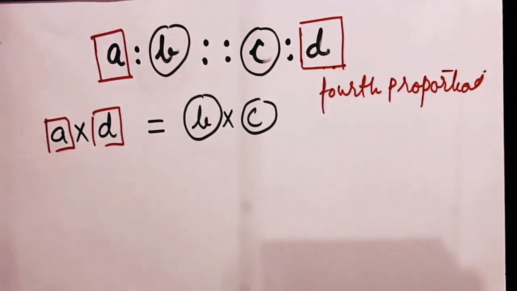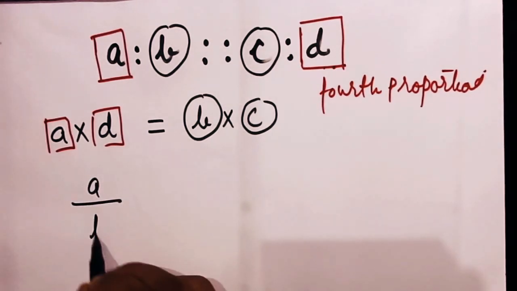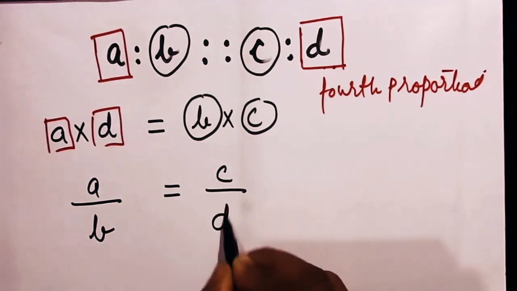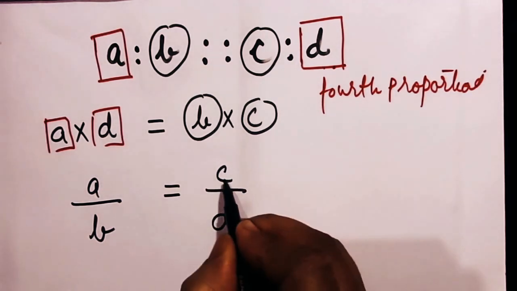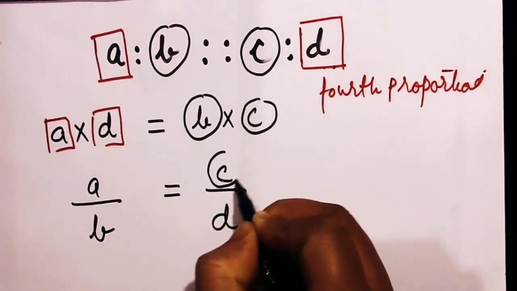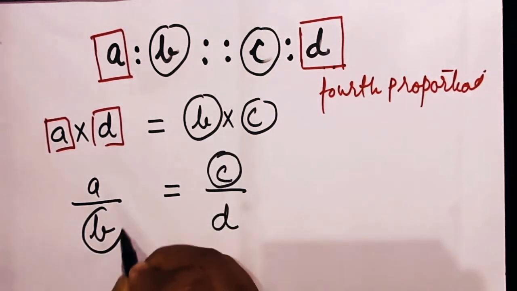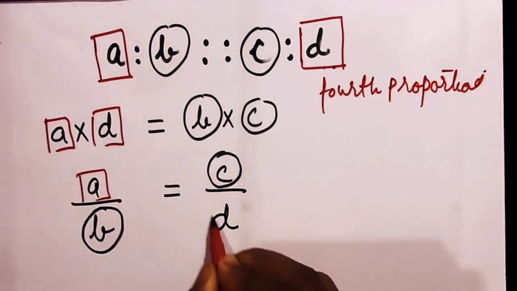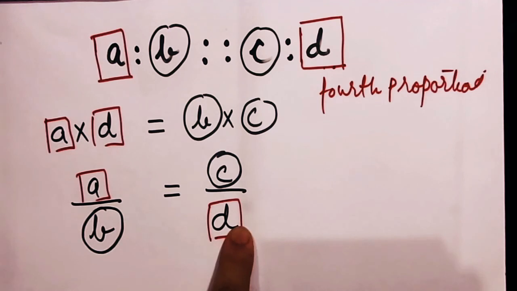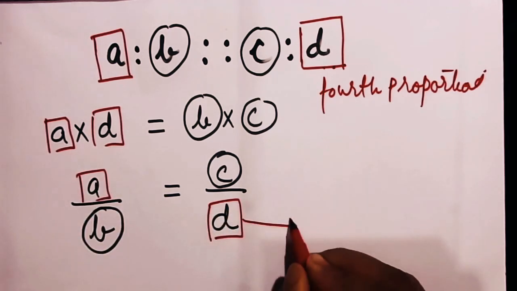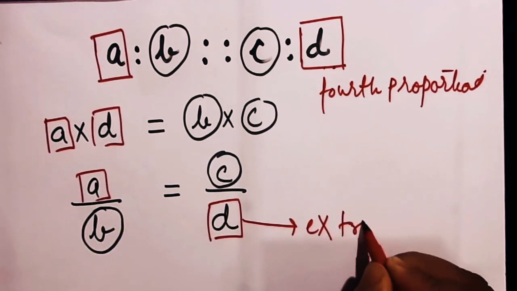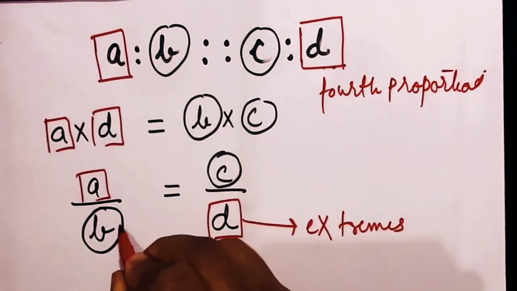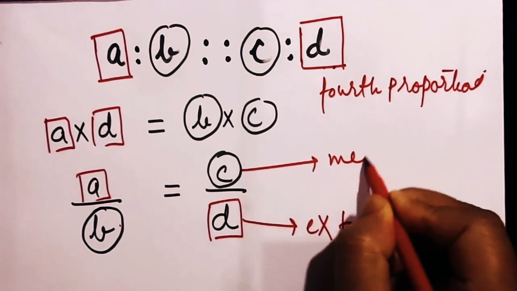So A by B is equal to C by D. Have a look here, that C was a circle, B was a circle, A and D were rectangles. A and D were extremes, while B and C were means.